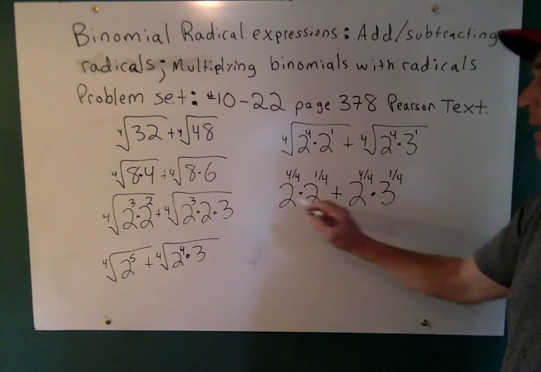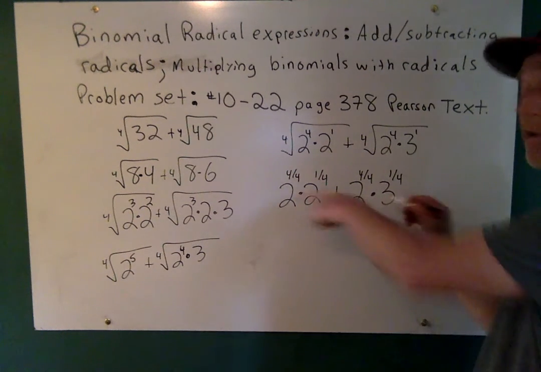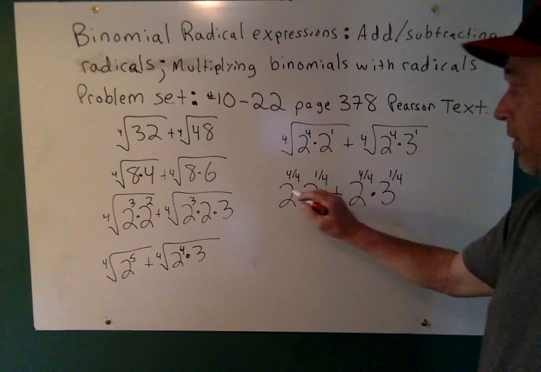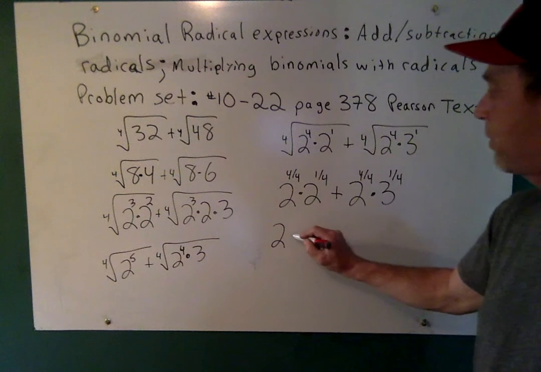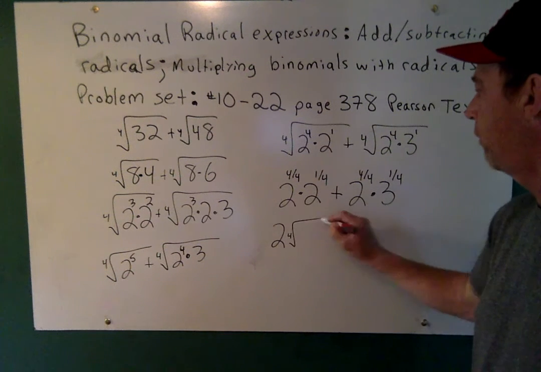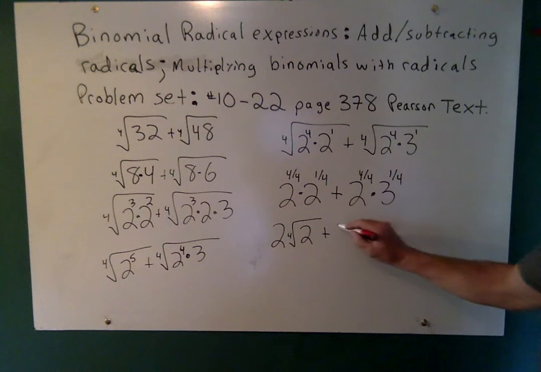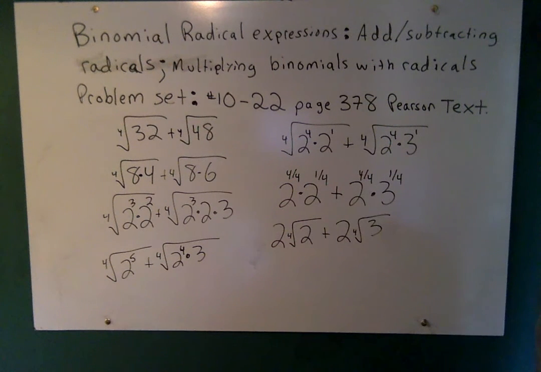You cannot add until you multiply. Multiplication comes before addition and subtraction. So this addition will actually never occur. What we'll do is simplify. We have a common factor here. This is just 2. And I'll put this back under the index, the 4th root of 2. And this becomes 2 whole, and the 4th root of 3.